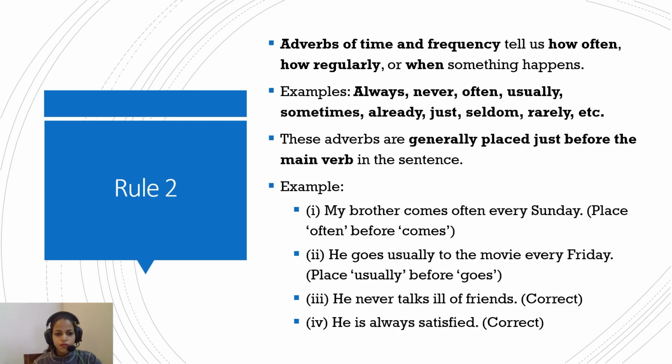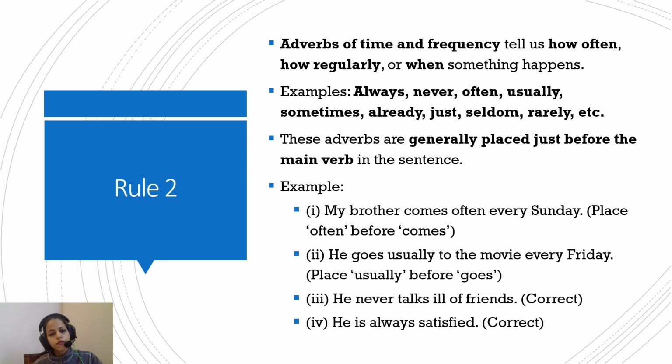Okay. Now, rule 2. Adverbs of time and frequency tell us how often, how regularly, and when something is happening. Some of the examples of adverbs of time are always, never, often, usually, sometimes, already, just, seldom, rarely.